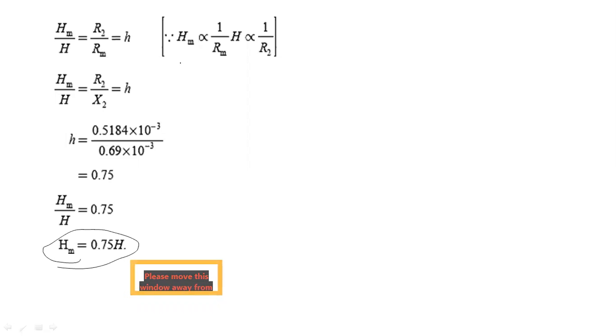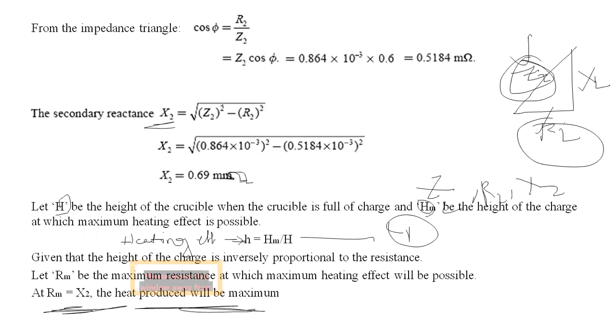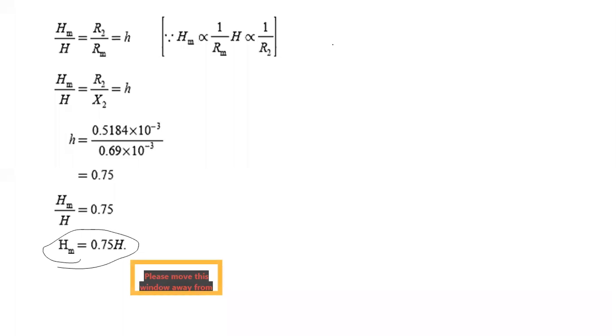Here I have clearly mentioned that the height of the material is inversely proportional to the resistance of the material. This is the height of the charge, Hm. So there is no interconnection between the resistance and the height where you kept the charge for heating. That's why this relation holds.